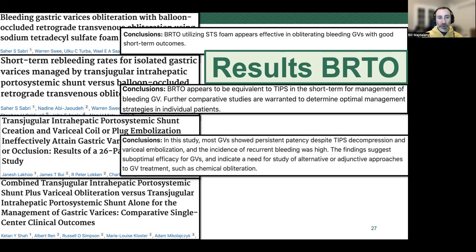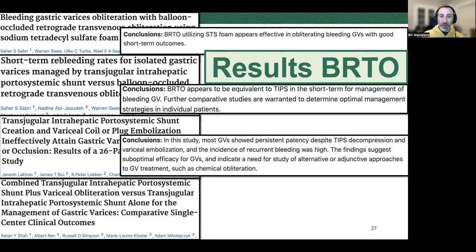What's also really important is when we look at what TIPS offers in terms of gastric varices, performing a TIPS to decompress the portal system does not necessarily eliminate the gastric varices, and including embolization with only coils or plugs similarly did not eliminate the gastric varices.